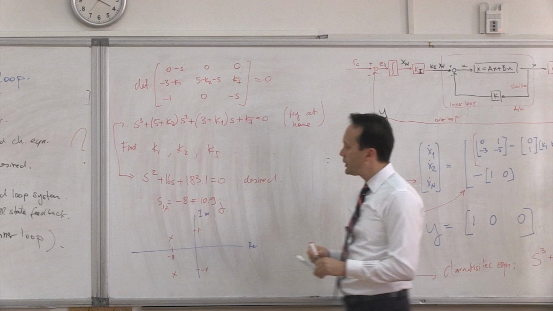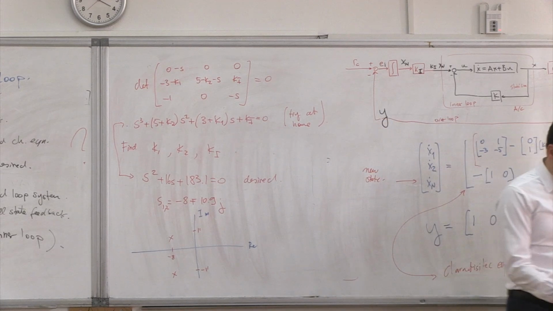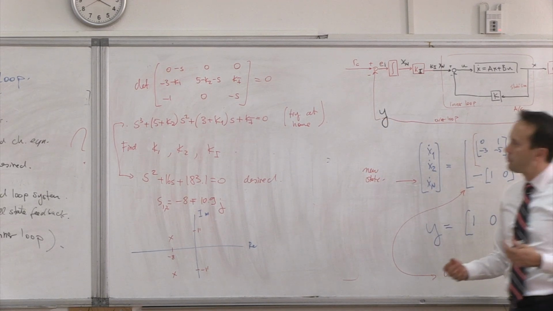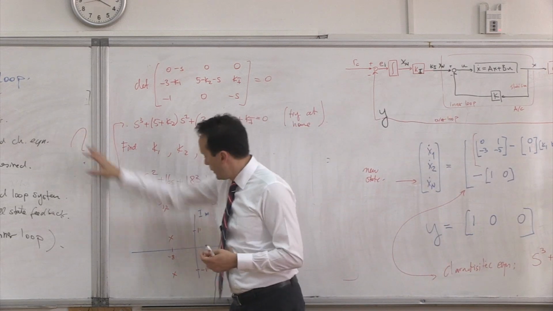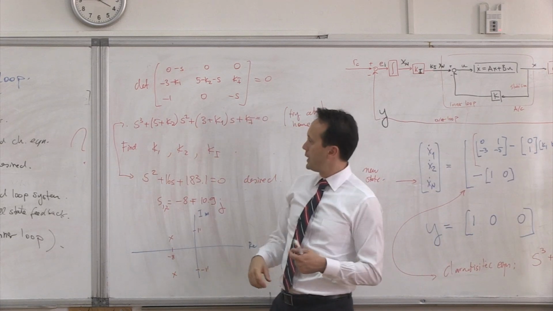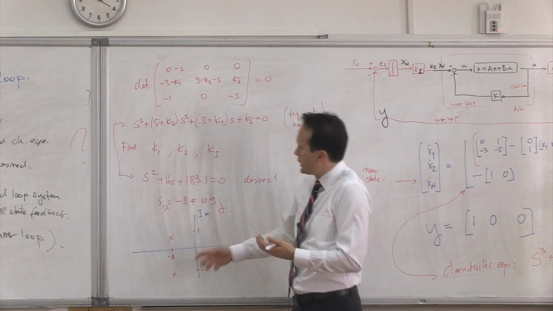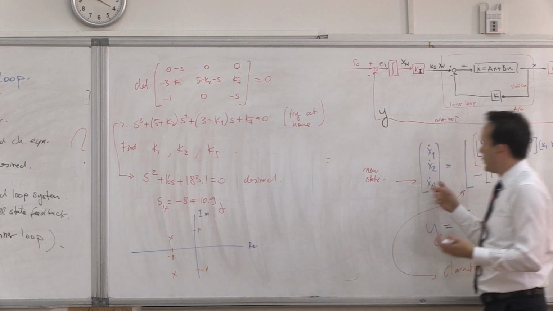These are the desired poles that the problem is telling me. The problem tells me put the poles here and here. And I artificially introduced another pole because of xn dot.